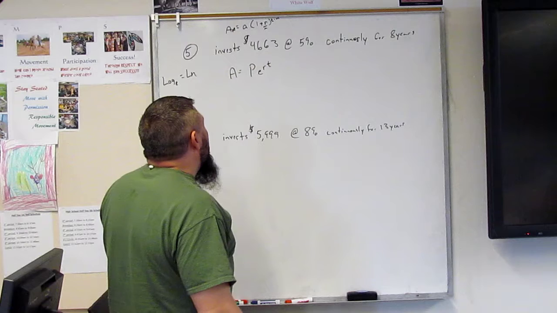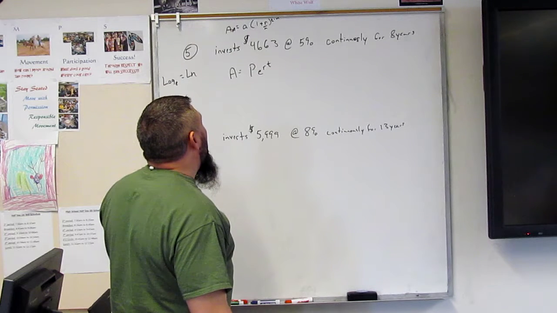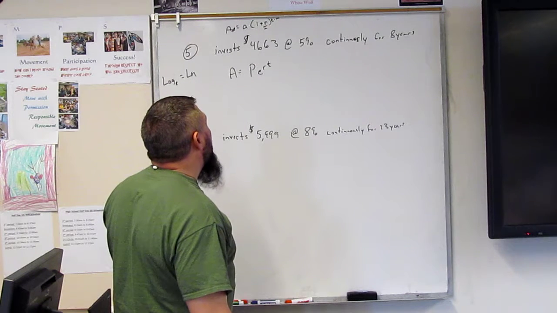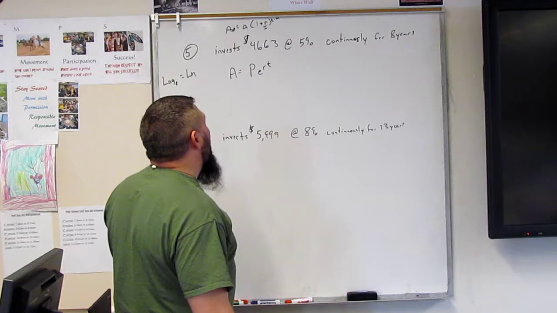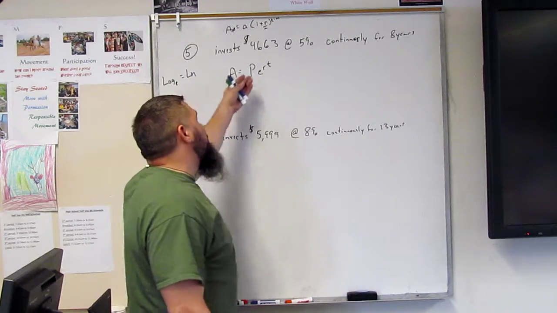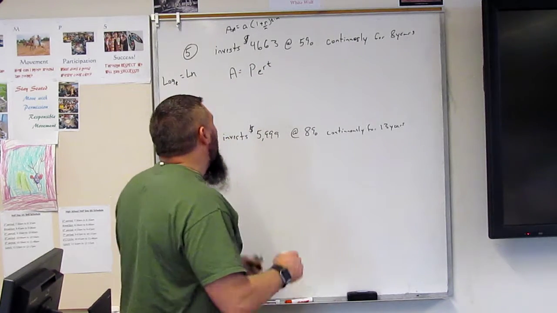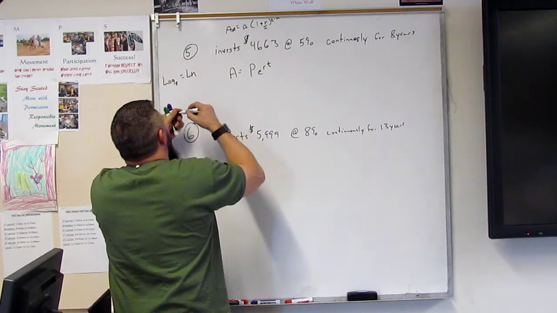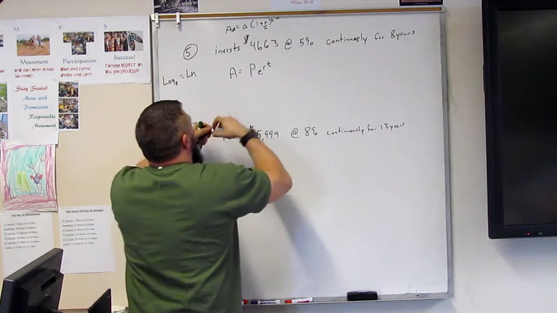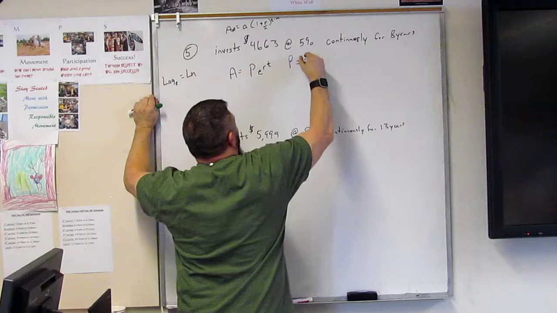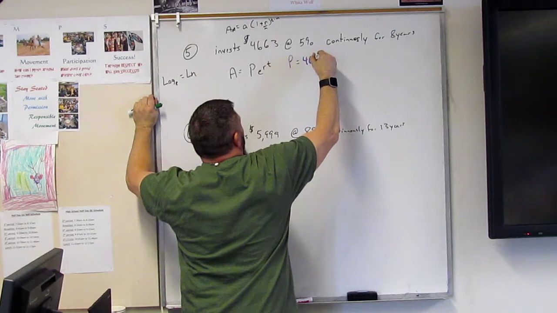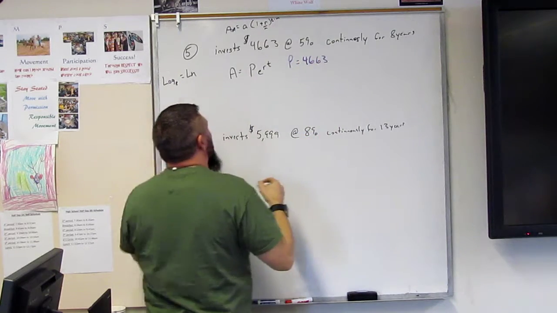All right, so let's do it. Basically, it's the principal, the rate, and the time. So the investment is your principal. In this case, P is equal to $4,663.